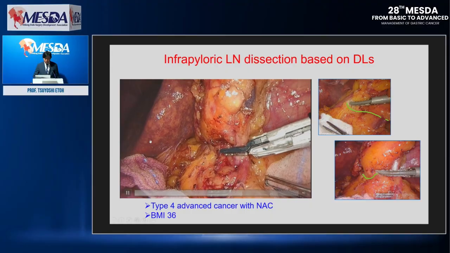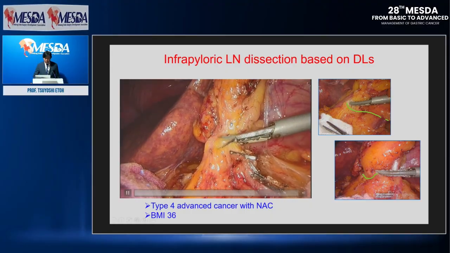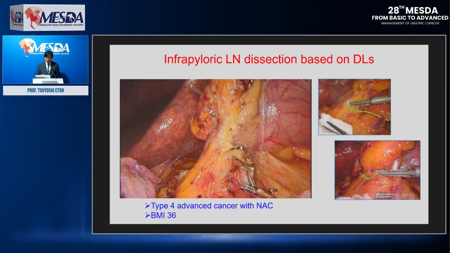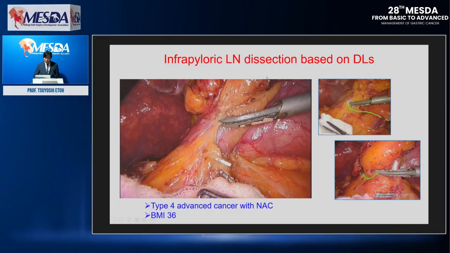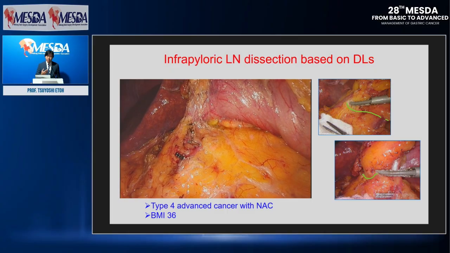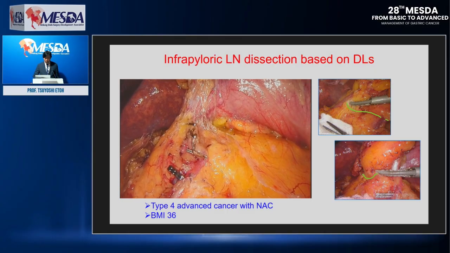You can see a shallow depression between the pancreas and the gastric mesenterium. And finally, I cut the right gastric artery and then cut the infrapyloric artery. This is the completion of the resection, the complete mesentery. This is the final view. In this case, there was minimal bleeding, 1 or 2 milliliters during surgery.